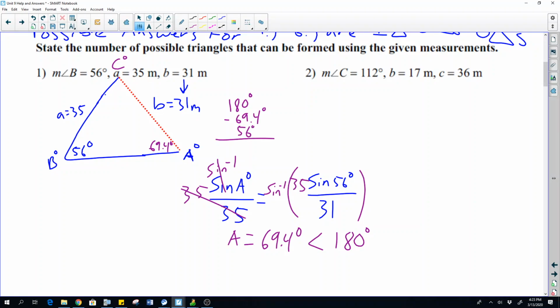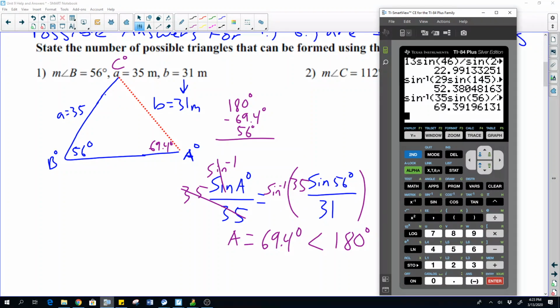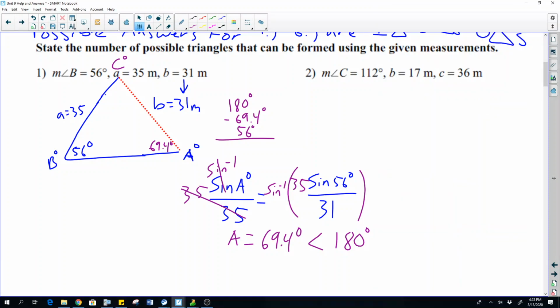That gives us our third angle: 180 minus 69.4 minus 56 is 54.6. So we have an acute triangle, one triangle so far. But there might be another one.